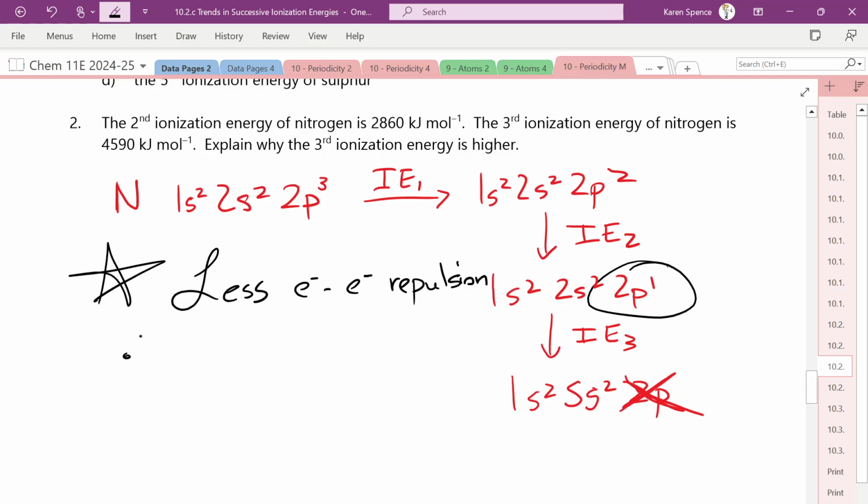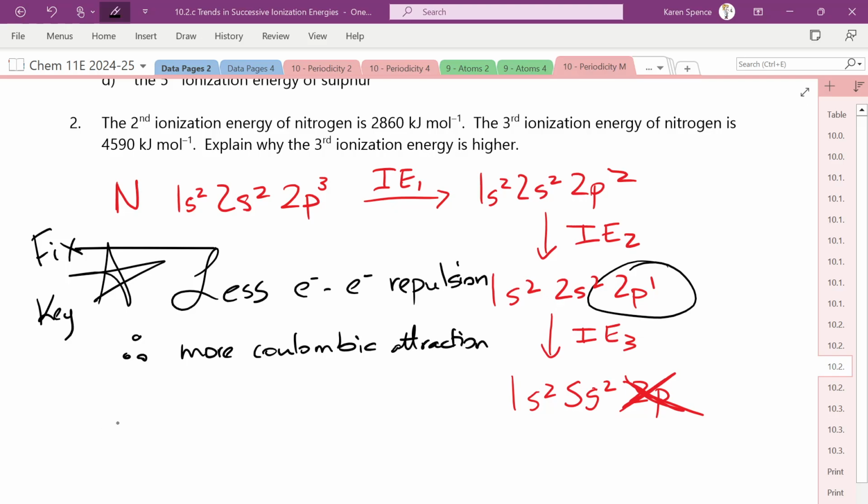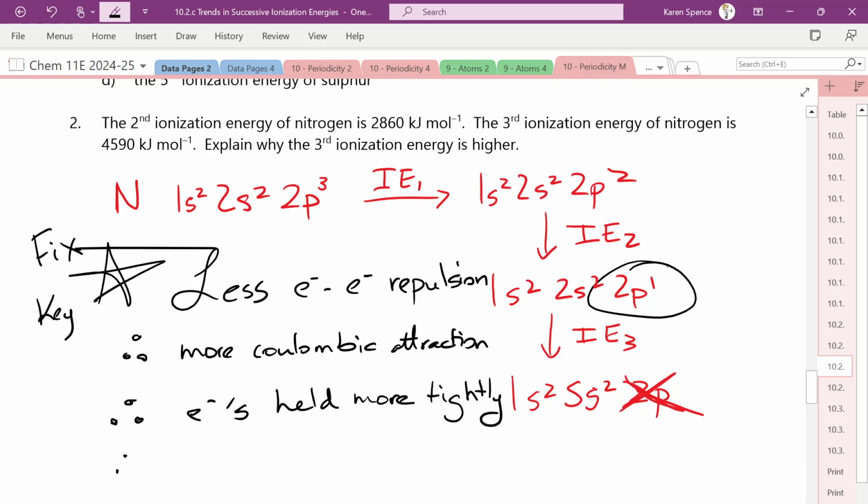The answer key says that the overall force on the most loosely held electrons is smaller and thus requires less energy. Oh, that's backwards. Fix the answer key. So there's more Coulombic attraction. Therefore, electrons are held more tightly. Therefore, ionization energy is higher.